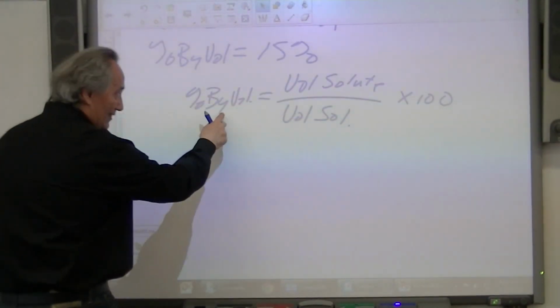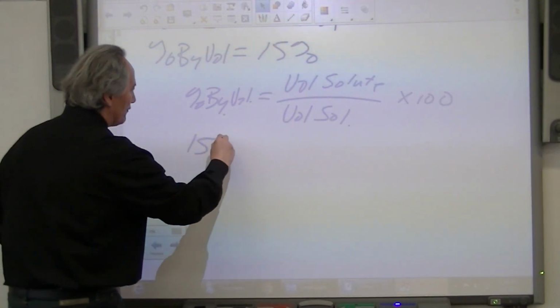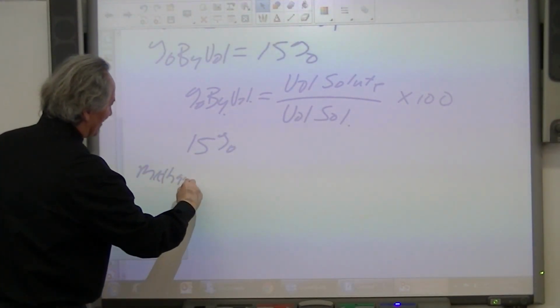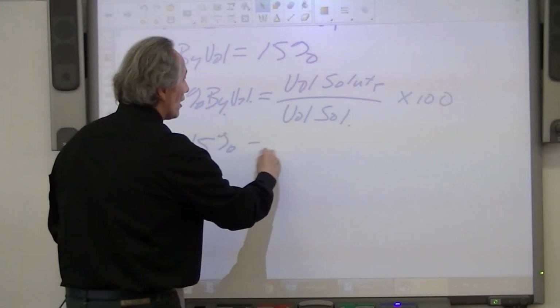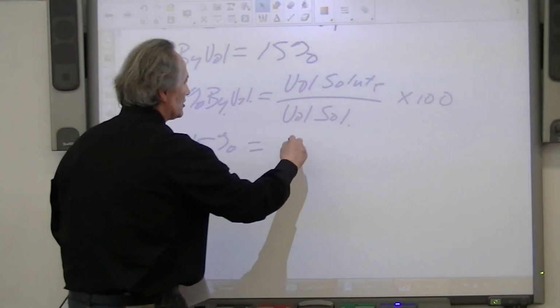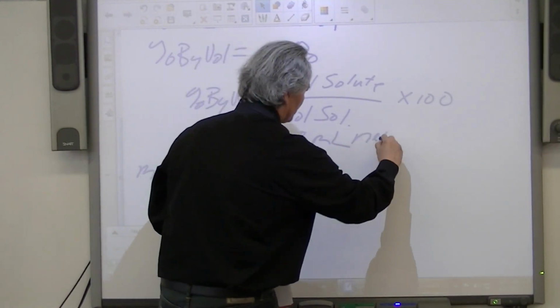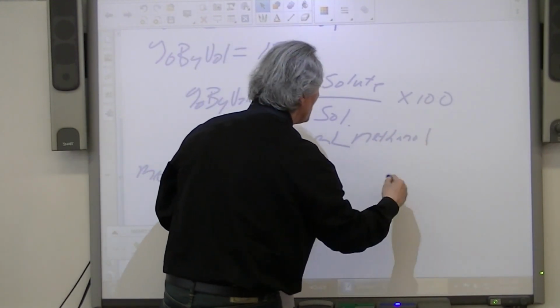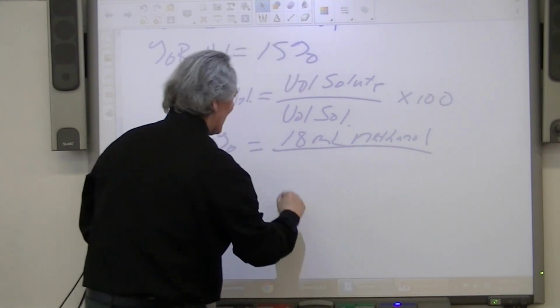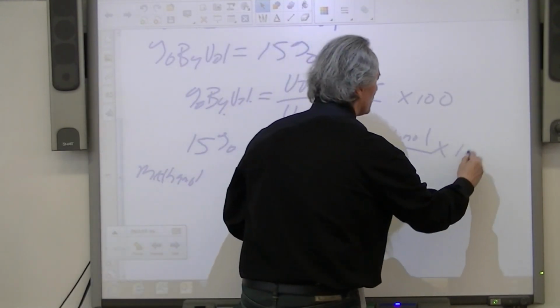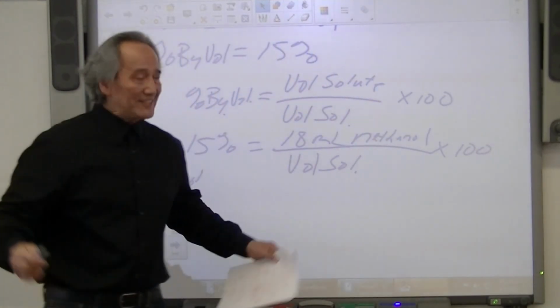Percent by volume of the methanol here was in fact given at 15%. I'll write that here to the side, the methanol, 15% by volume. We also were given the volume of the solute, which in fact was 18 milliliters of the methanol. And our unknown was in fact volume of solution. Again, times 100.